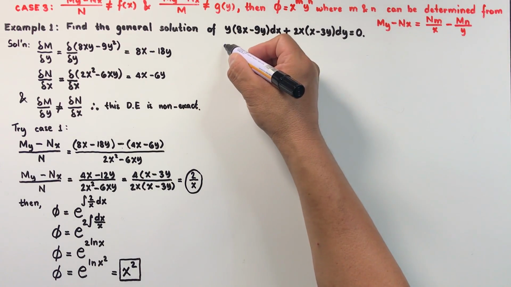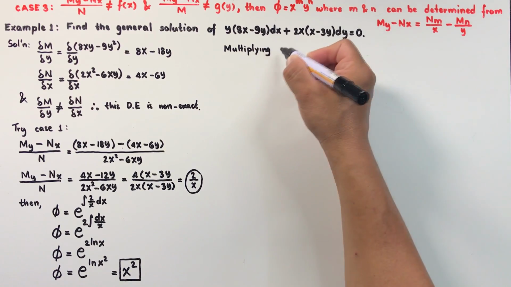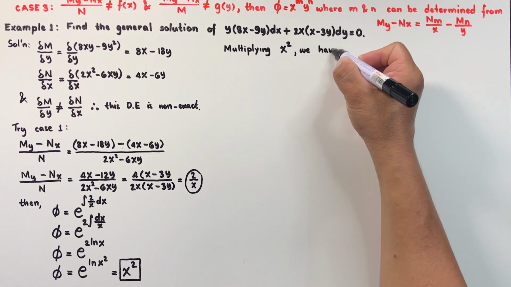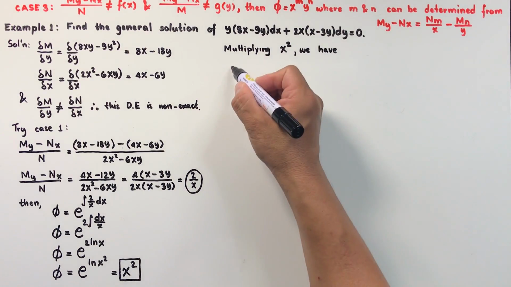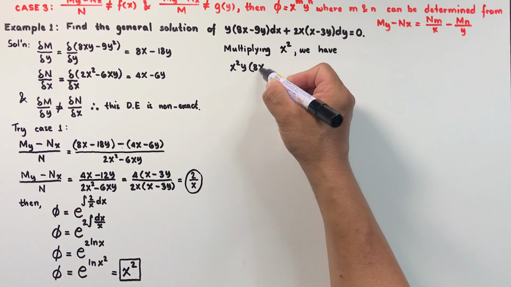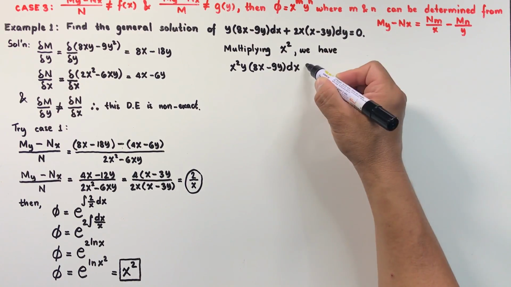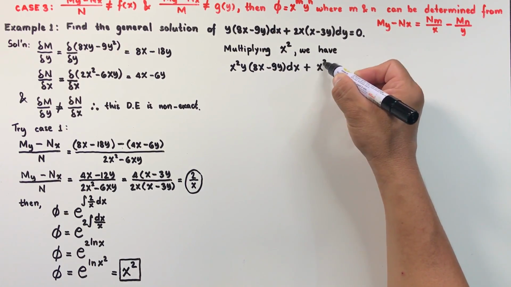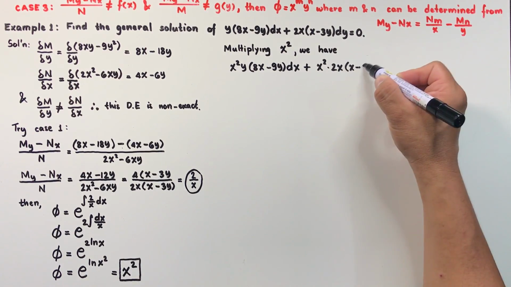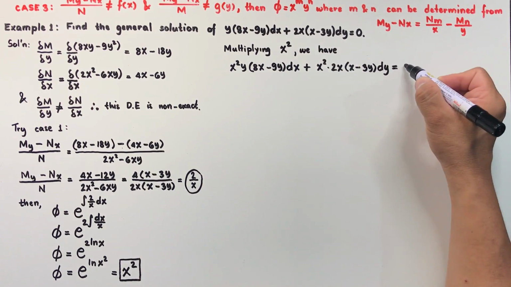So multiplying all terms in the differential equation by this integrating factor x squared, we have x squared times y times 8x minus 9y dx. And this will be added to x squared times 2x times x minus 3y times dy, which is equal to 0.